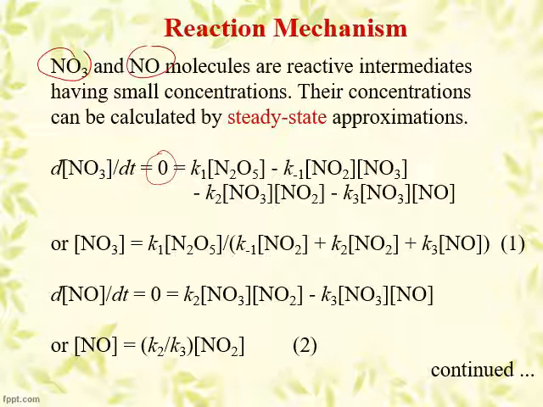So k1[N2O5] because it's fast and in equilibrium, then negative k-1[NO2][NO3], minus k2[NO2][NO3]. Only the first one is positive, the rest you will see negative. So minus k2[NO2][NO3], minus k3[NO][NO3]. These are all the reactants in step 2 and step 3 respectively.